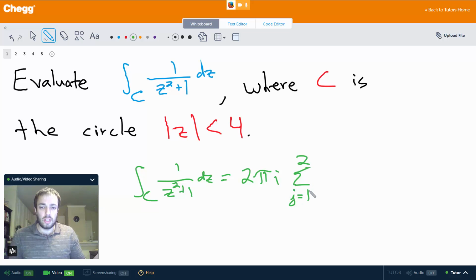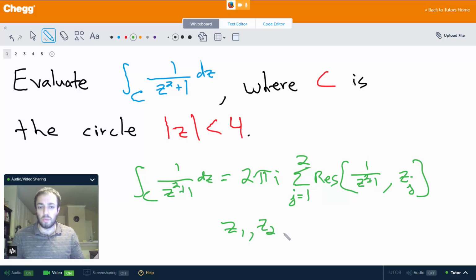So from j equals 1 to 2 of the residues of 1 over z squared plus 1 evaluated at z sub j, where j ranges from 1 to 2, so z sub 1 and z sub 2 are the poles of this function here inside of C.